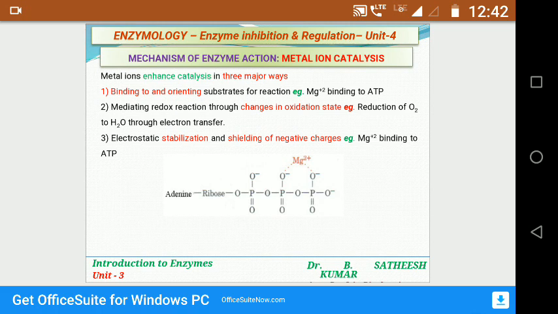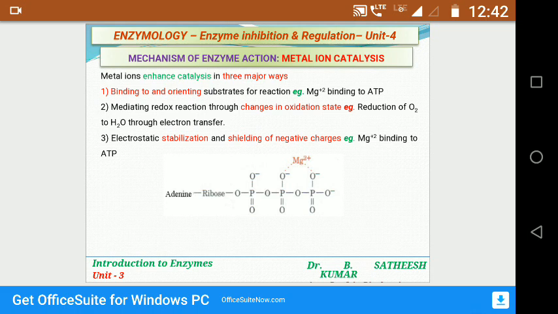And the second one is they mediate redox reactions through changes in oxidation state. So they can also change the oxidation states. Suppose if you take the example of iron, it exists in Fe plus 2 form and Fe plus 3 form also.